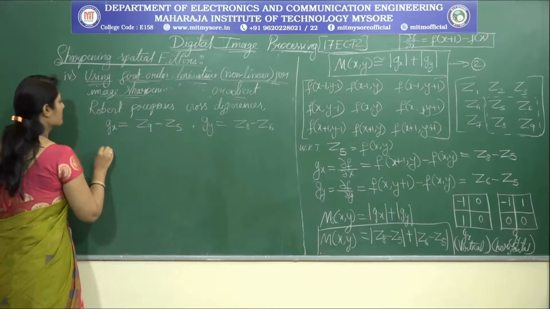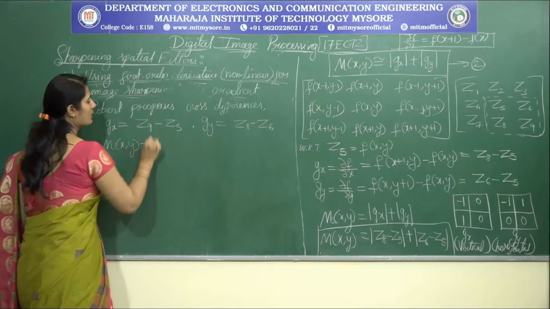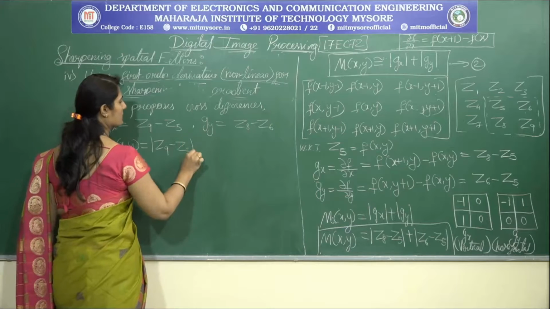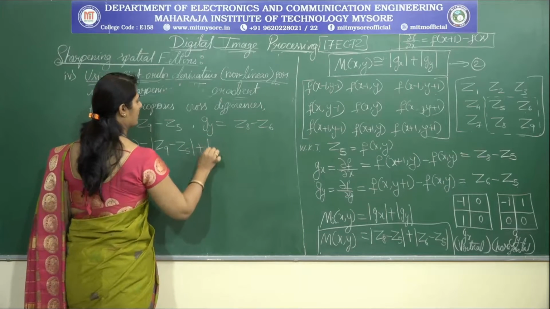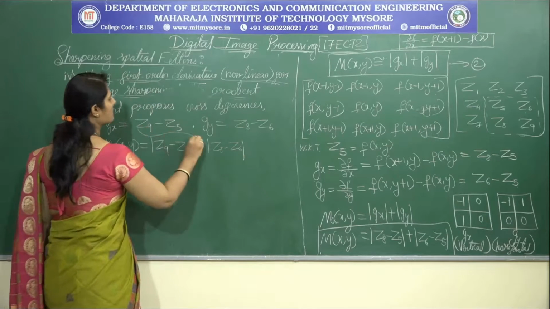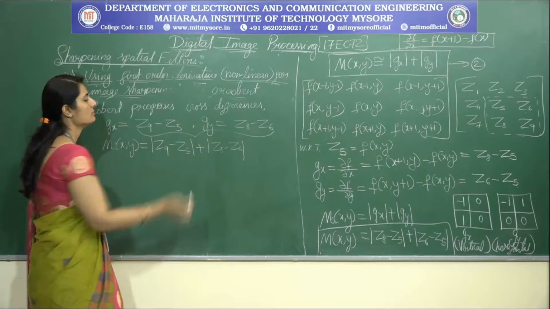Therefore, the magnitude of this is magnitude of z9 minus z5 plus magnitude of z8 minus z6. And these operators are called Robert's cross difference operator, okay.